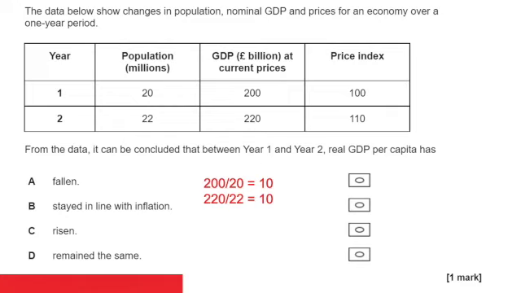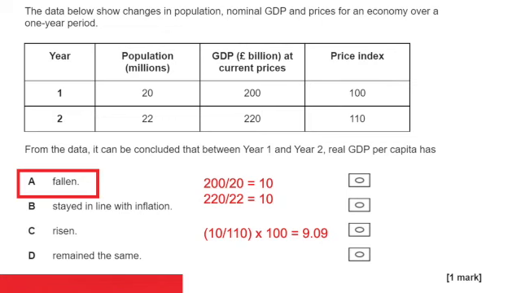But that is in nominal terms, and we have to take into account the prices. So what we can do is get our 10 divided by 110, which was the price index in year 2, and then we can times it by the price in year 1, which is 100, and that gets us 9.09. So that means the real GDP per capita has fallen. It's fallen from 10 to 9.09, and that is in real terms.